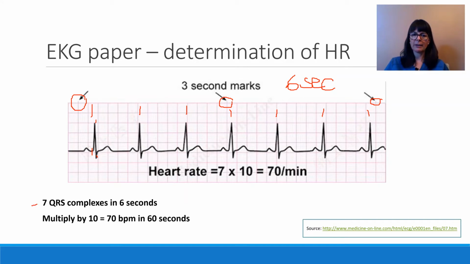If we multiply 6 seconds by 10, that gives us 60 seconds, which is 1 minute. And then we multiply the 7 QRS complexes by 10 as well, which gives us 70 beats in 60 seconds, which is 70 beats per minute. And this is really the easiest way of calculating the heart rate.